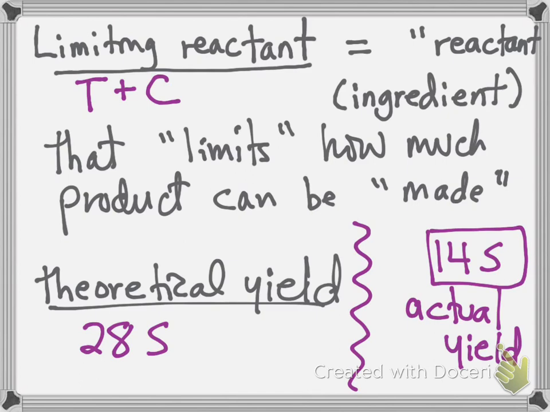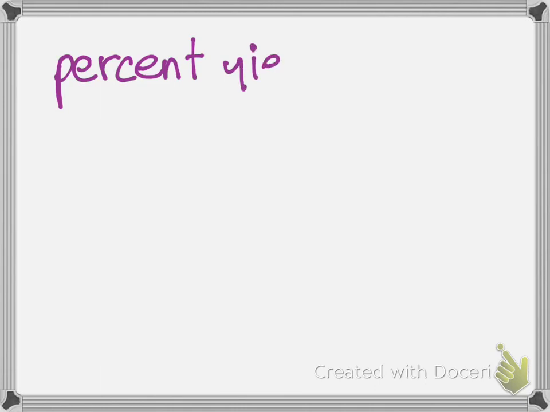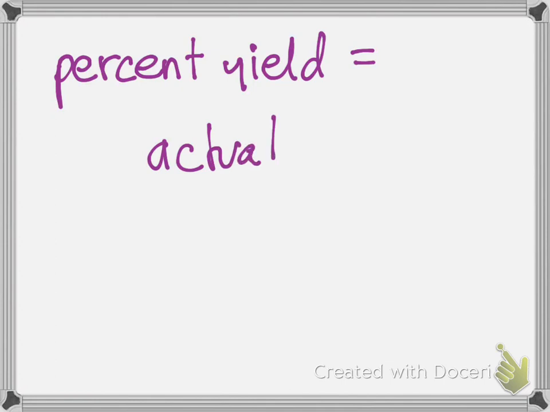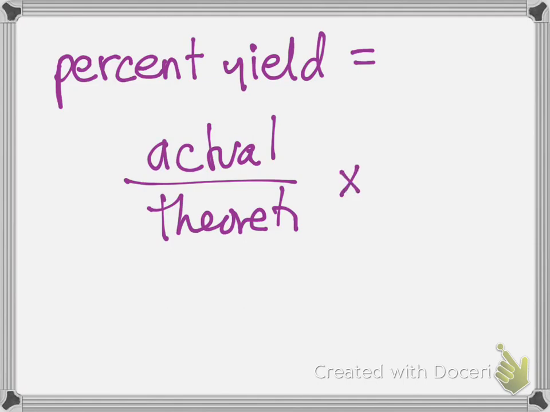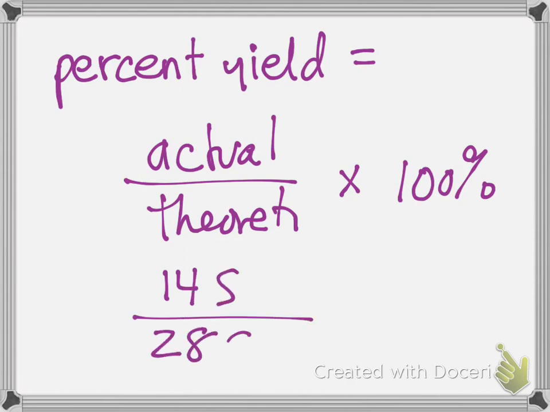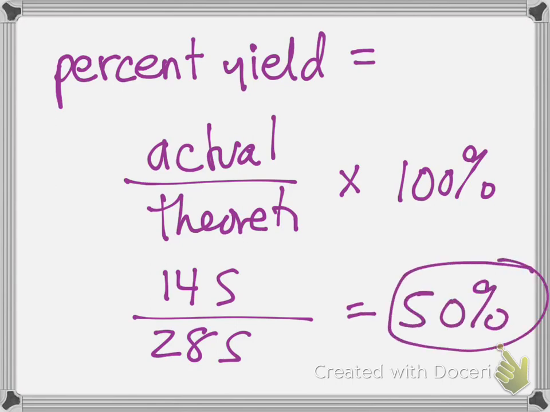This leads us to one other important definition called the percent yield. Percent yield is the actual yield divided by the theoretical yield times 100%. In our example, actual was 14 Saudis, theoretical was 28 Saudis. This would be a percent yield of 50%. Our famished workers ate half of our profits.